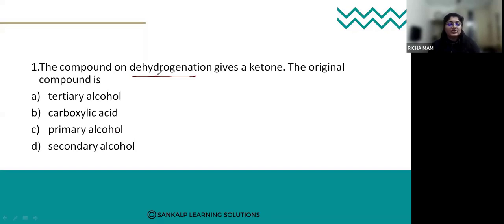So there are four options: a tertiary alcohol, a carboxylic acid, a primary alcohol, or a secondary alcohol.